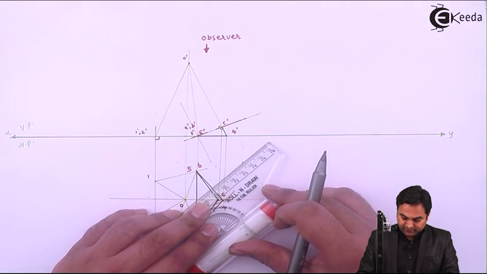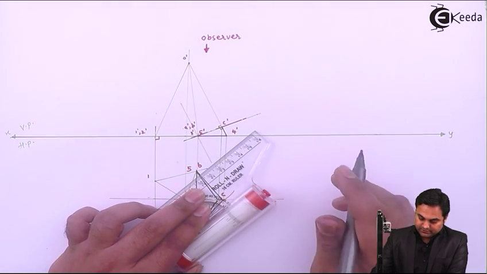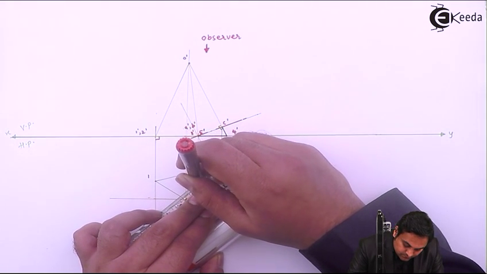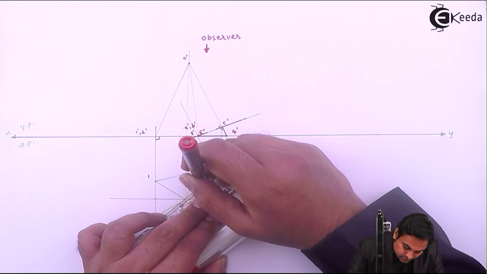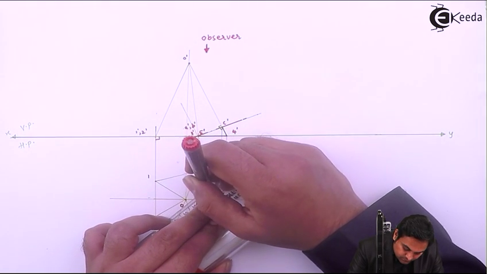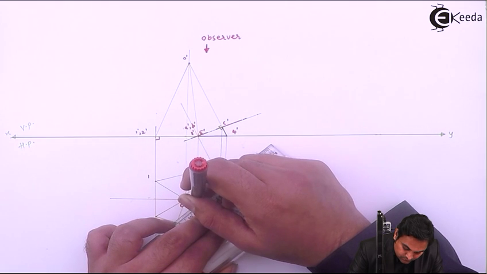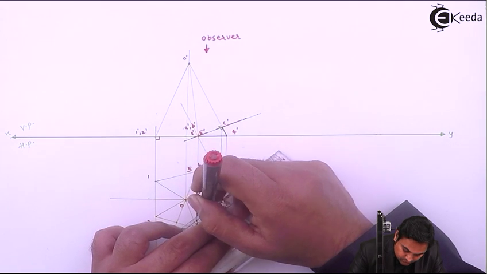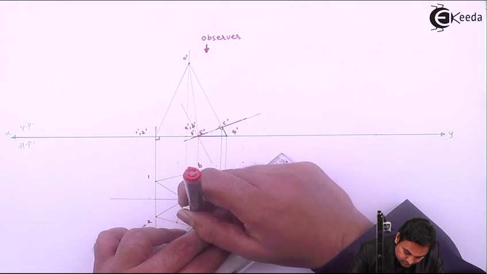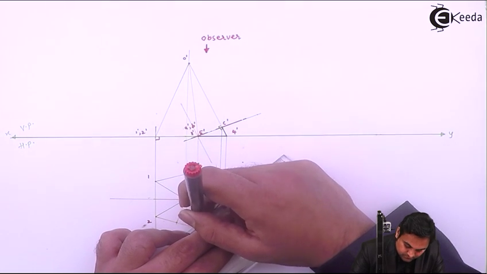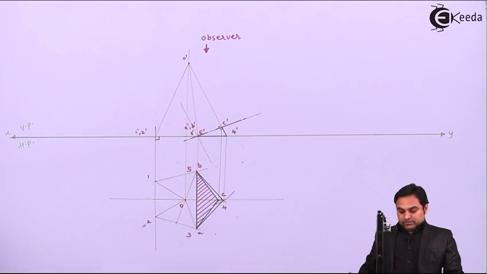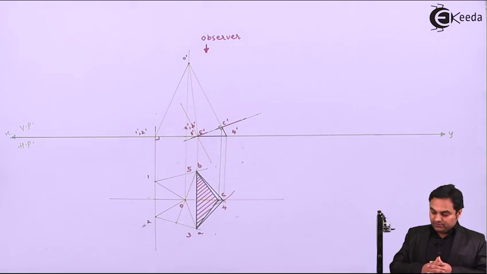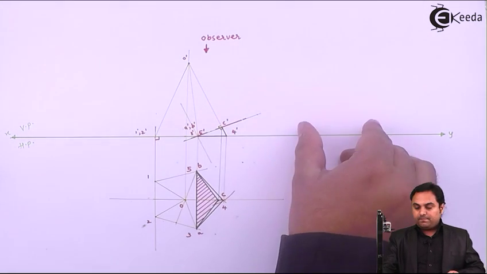So measuring 45 degree and drawing the cutting plane lines. Then after getting this sectional top view, I'll plot the true shape of the section, and for that I'll make this cutting plane parallel to XY.